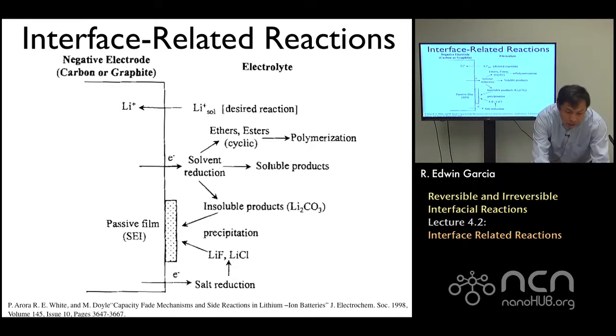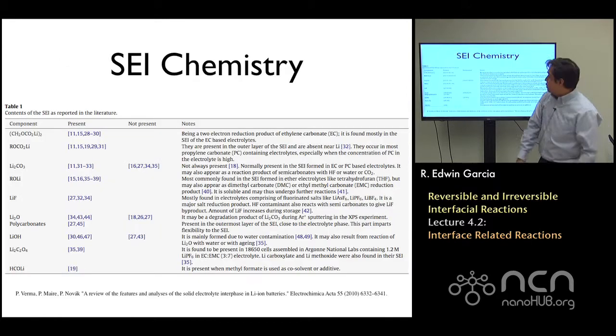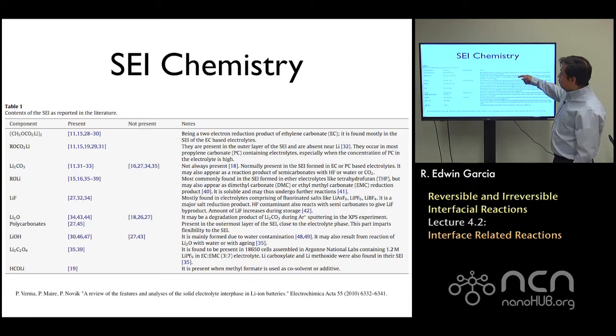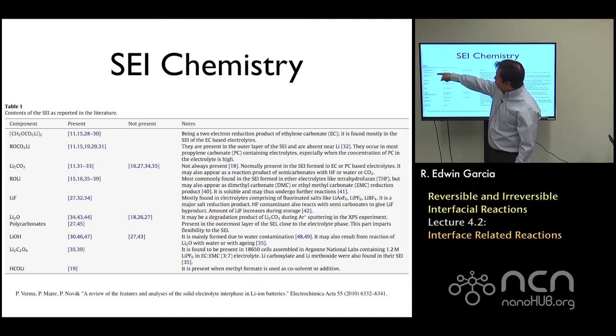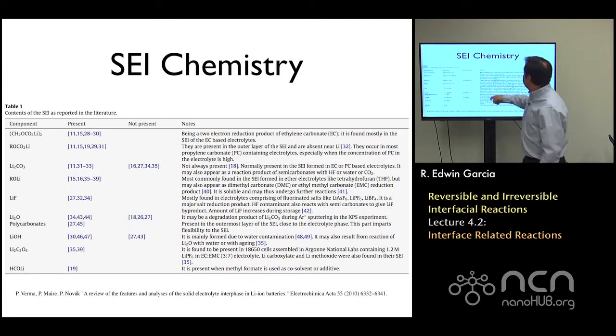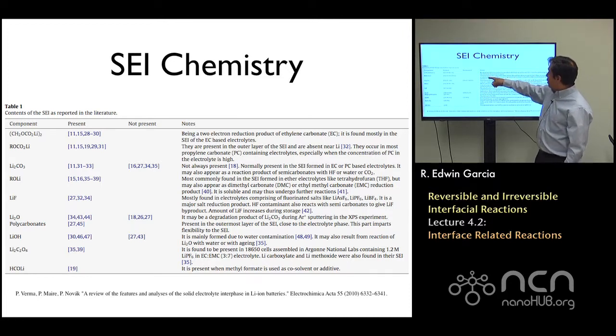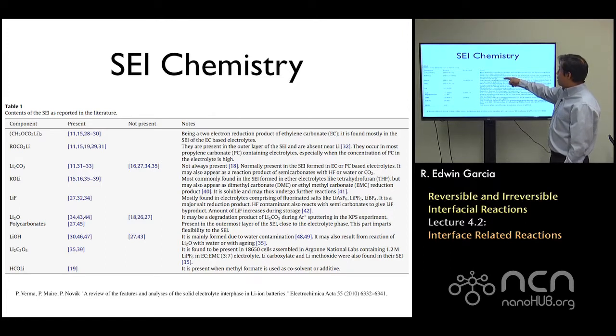Okay. Now, what is in that layer? Again, this is another topic of a lot of things going on, a lot of research. There are so many chemicals in there. In this case, you have, for example, in the first line, this complex hydrocarbon that has lithium in it as a result of the reduction of ethylene carbonate with EC-based electrolytes. In other cases, you have, for example, PC, which occurs, of course, when you put in the electrolytes, mixing with the materials outside.